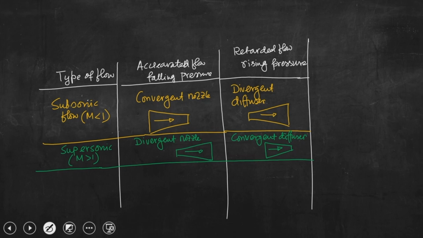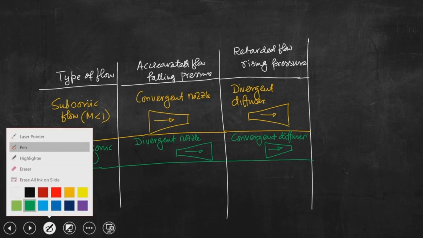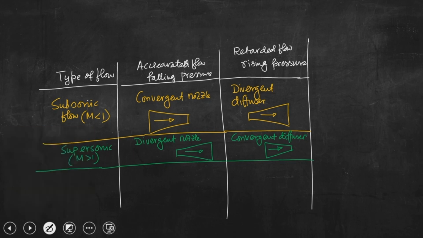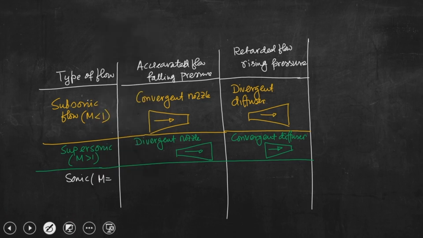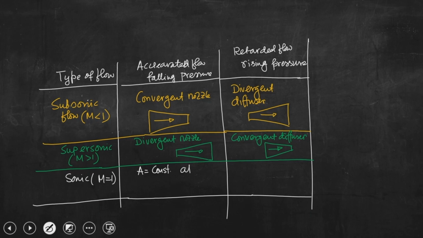Now, last one is the sonic velocity. Sonic, that is m equal to 1. Right. So, that is what we have seen, A equal to constant, at the throat of the nozzle.